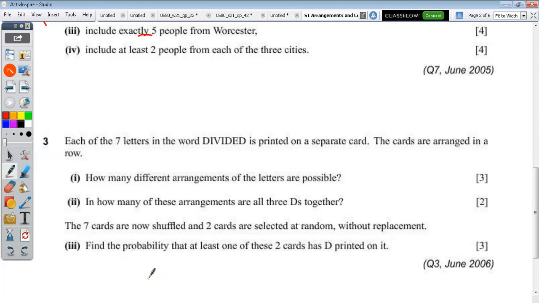There's 3 times 2 times, and then over 7. So 1 over 210, sir.